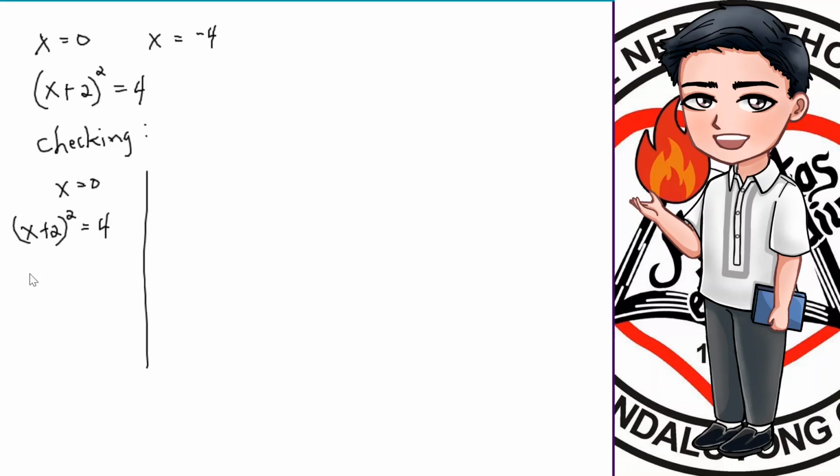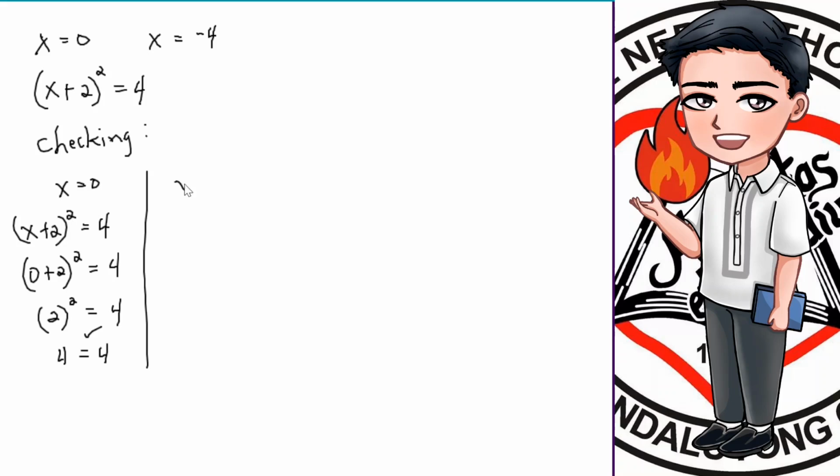Substituting the value of x, which is 0, (0 + 2)² = 4. 0 plus 2 is 2 squared equals 4. 2 squared is 4. Therefore, 4 is equal to 4.